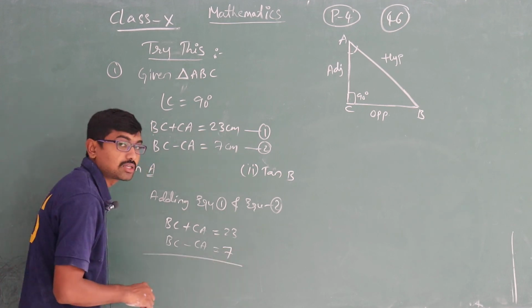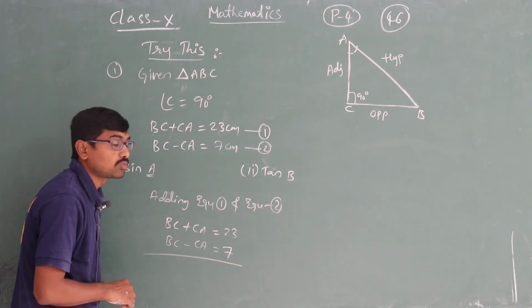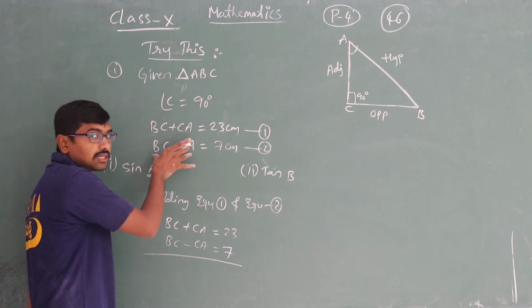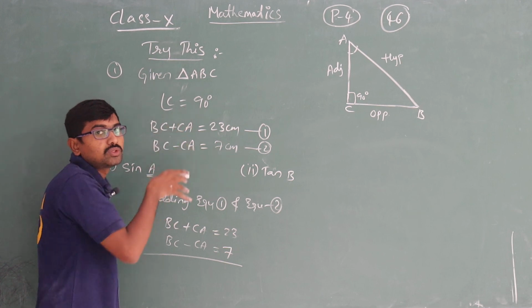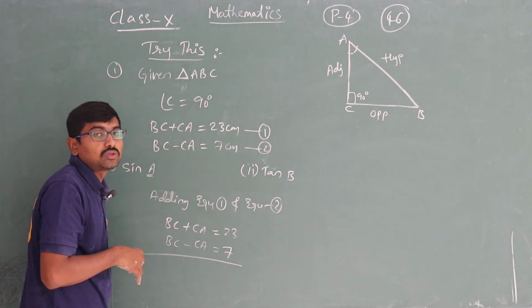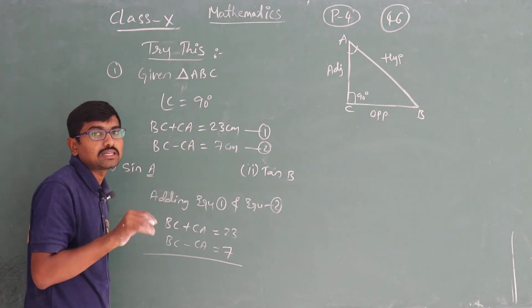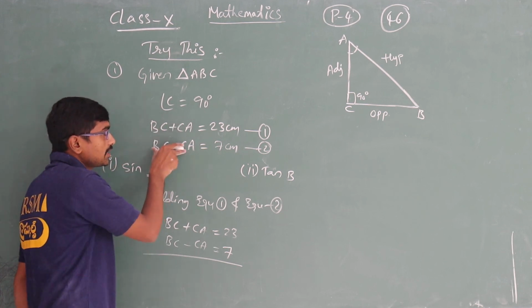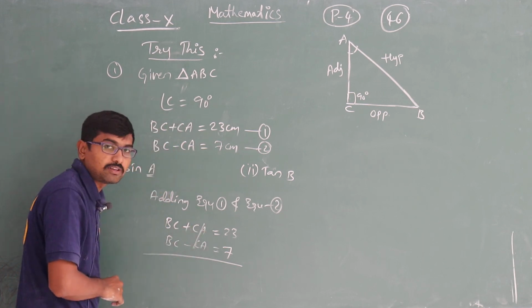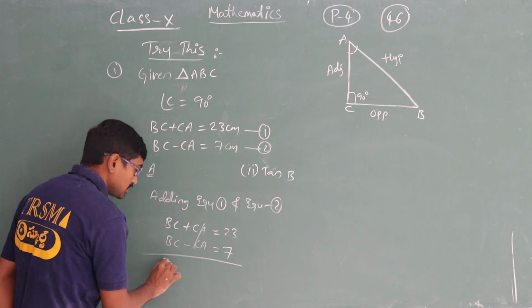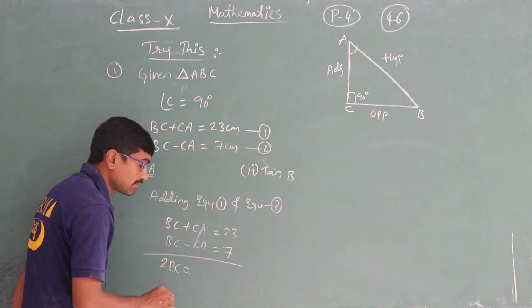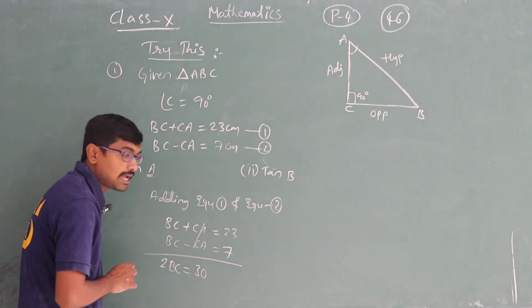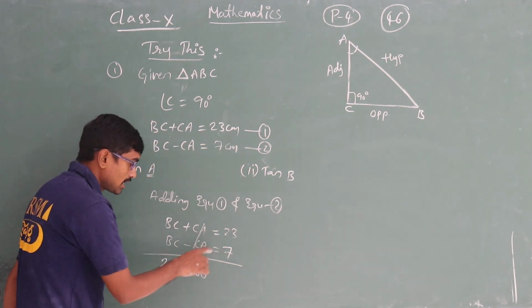Okay students, hope you all understood why we are adding these both. Because we have two terms here on the left hand side, and these two terms are respectively the same. So to eliminate one single term, we are just adding both. So plus CA minus CA will cancel. BC plus BC will get 2BC, which is equal to 23 plus 7, I will be getting 30. Am I right?